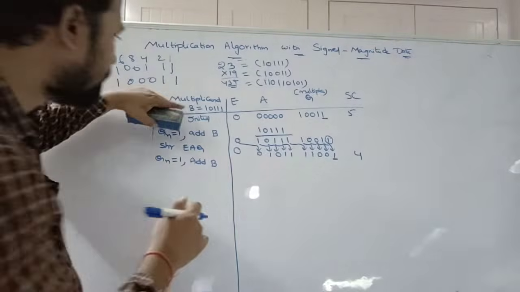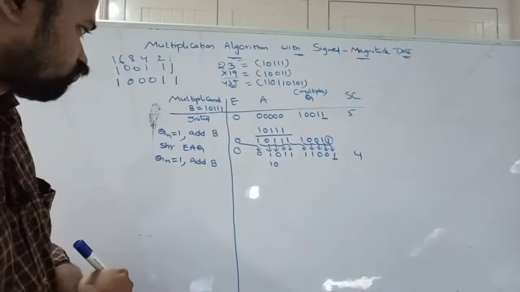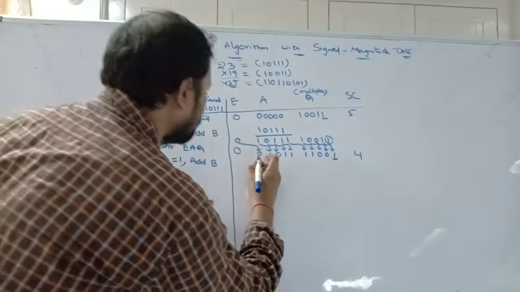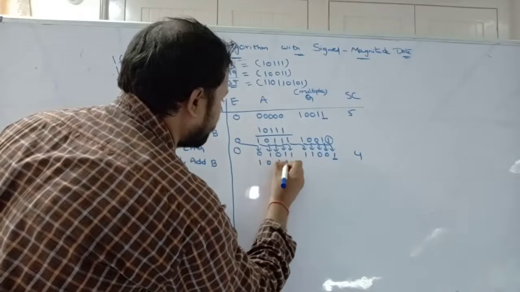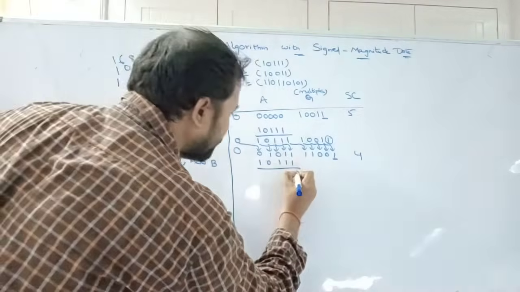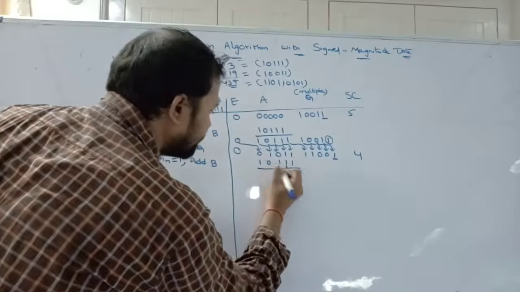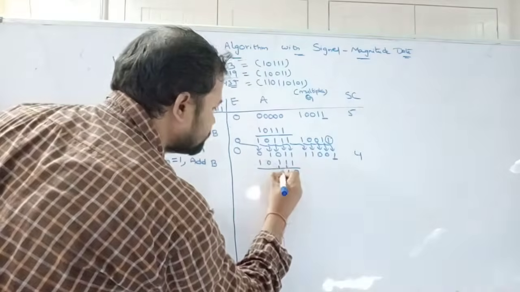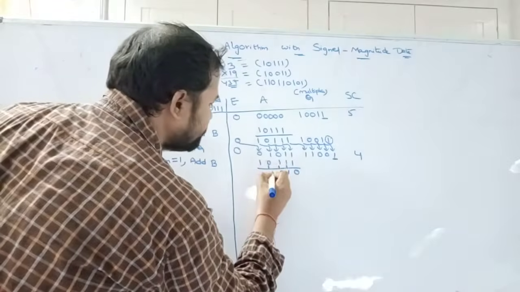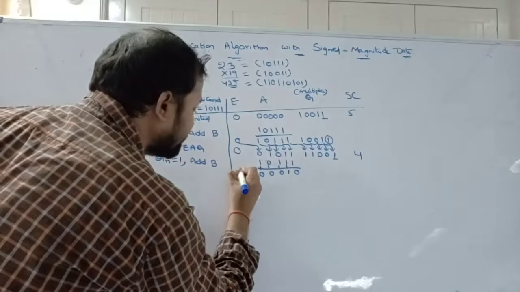So what is B here? Multiplicand 10111. So if we add this, then what is the result? 1 plus 1 means 0 with a carry 1. 1 plus 1 means 0 with a carry 1. 1 plus 1 means 0 with a carry 1. 1 plus 1 means 0 with a carry 1.